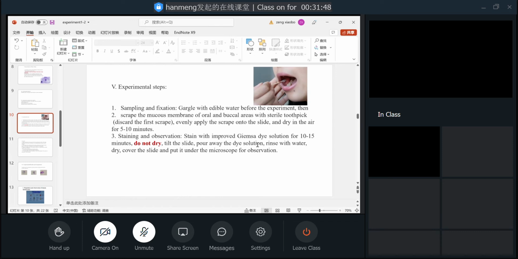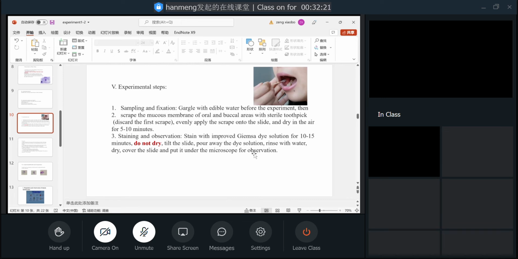But if you stain the cells with the solution for a long time, then all the cells will die with deep dye, so you will also not observe the Barr body. So here you should pay attention. Even though these steps are simple, there are some tips for you to pay attention to.